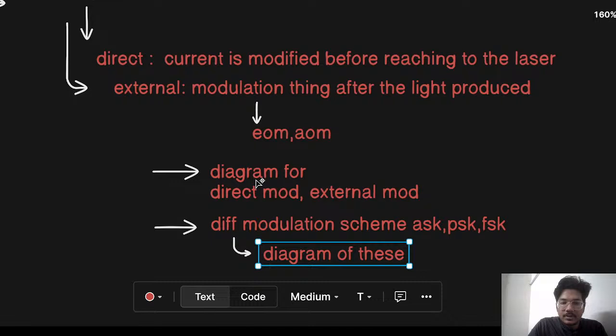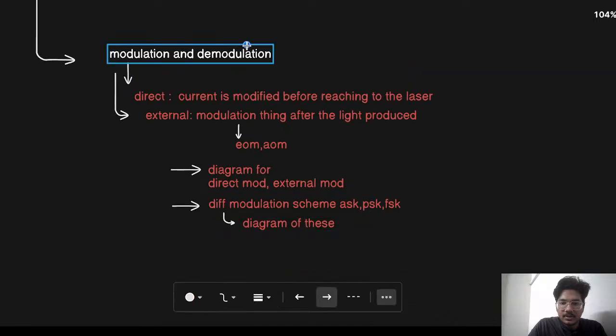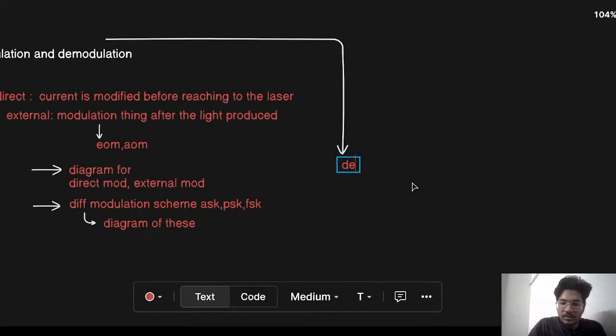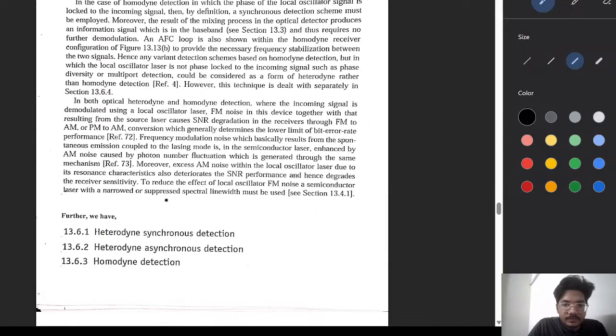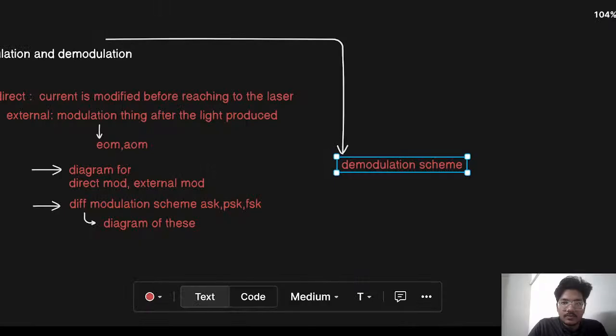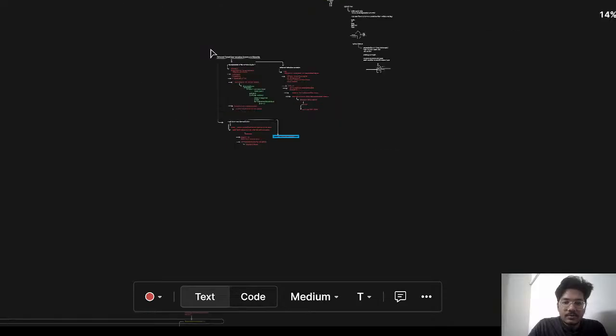Then we have to understand demodulation. So the demodulation schemes are there. And after this we move on.